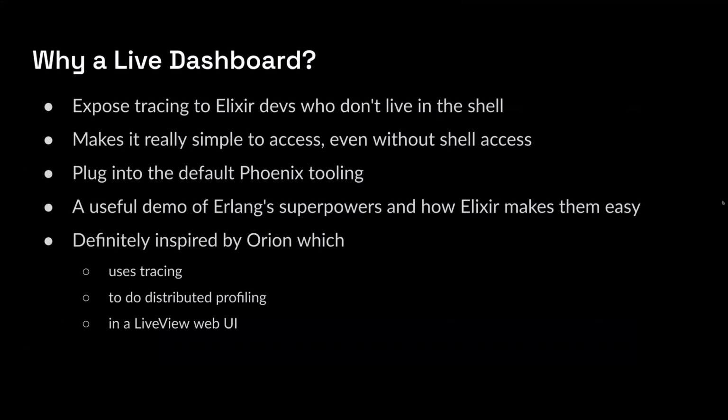And many Elixir devs come at this all through Phoenix and the web and doing web development. You don't really spend a lot of time with OTP and Erlang. You don't have any reason to learn tracing. You might not live in the shell. You might not be super comfortable in IEx. So making it accessible, making it easy to find, even without shell access, was part of the goal here.